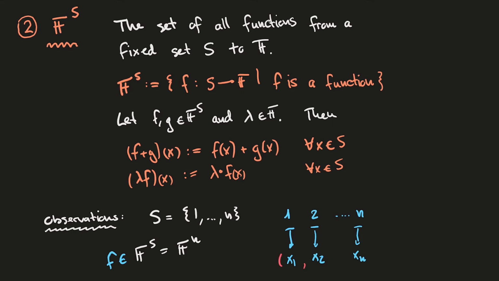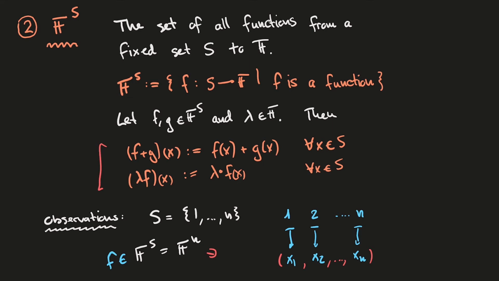But now we see that what's down here is just a vector that lives in F^n. So starting with a function in F^S, we can get a vector in F^n, and conversely, starting with a vector in F^n, this defines a function that assigns each natural number n the entry xn.